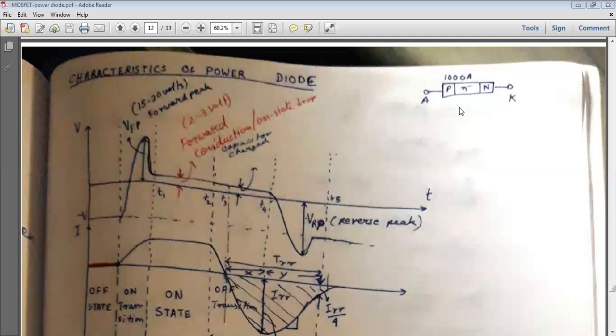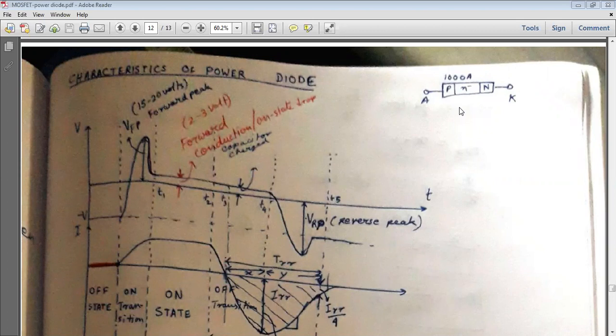As long as this conduction is being established, the resistance offered by the n minus layer is going to decrease to a finite value. During the transition period the resistance is varying continuously, so it is a variable resistance.